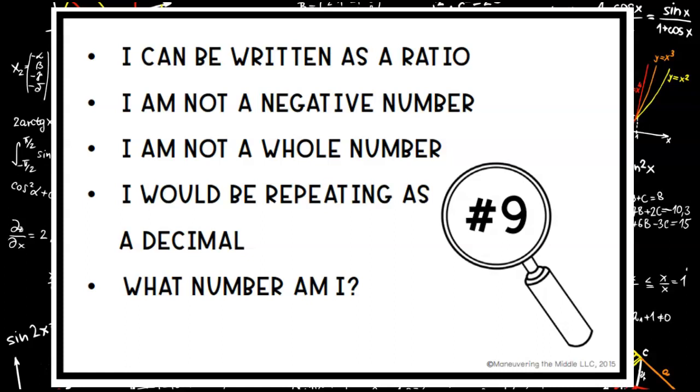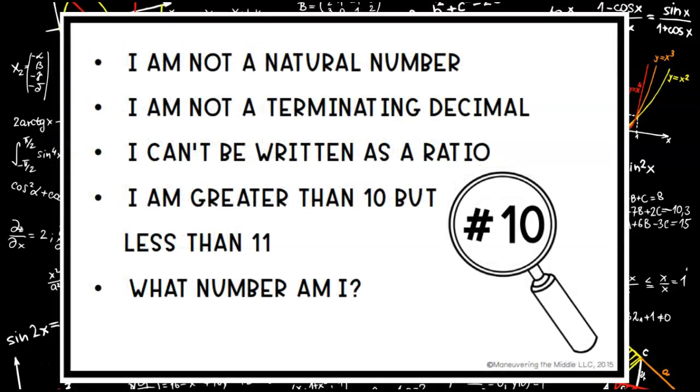I am not a whole number. I would be repeating as a decimal. What number am I? And finally, number 10, I am not a natural number. I am not a terminating decimal. I can't be written as a ratio. I am greater than 10 but less than 11. What number am I?